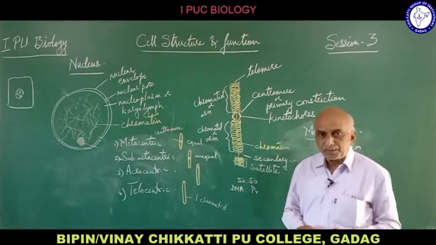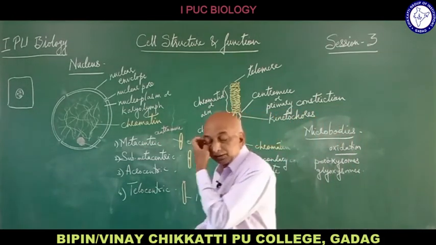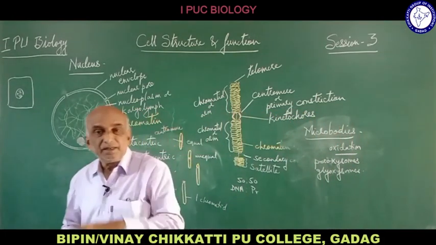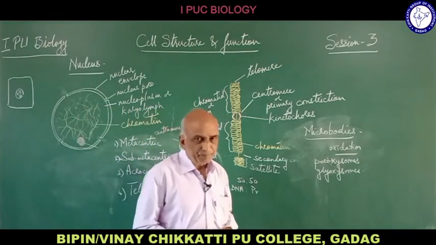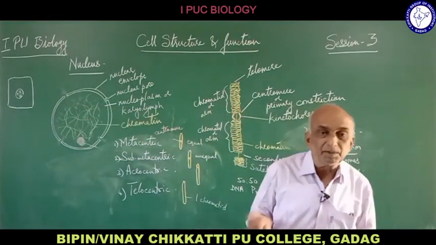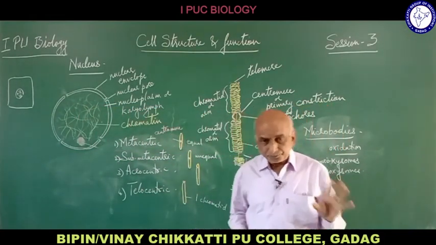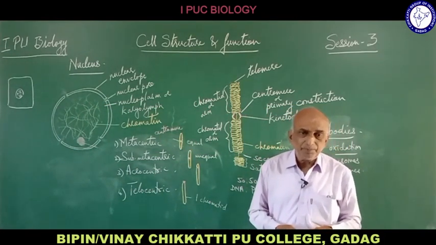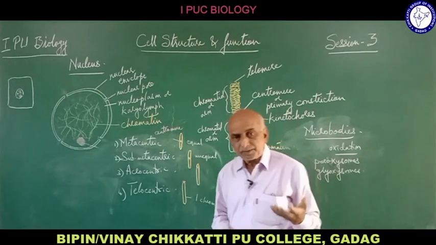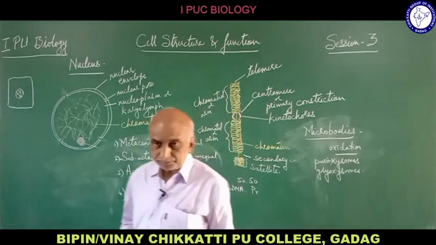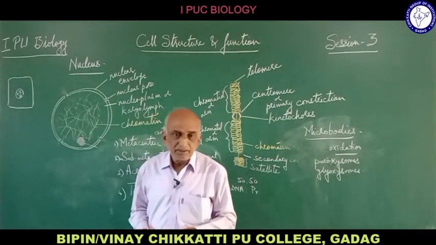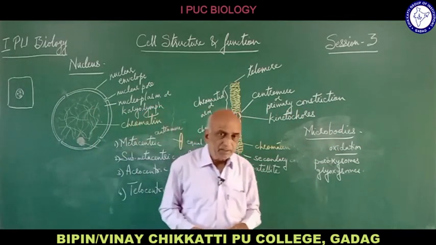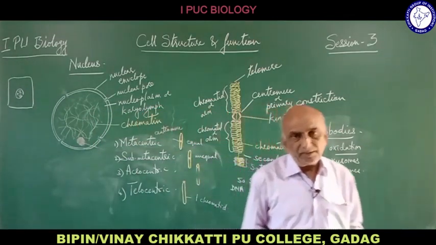So whether it is plant cell or animal cell, the plant cell and animal cell differ in some characters only. There is no cell wall in animal cell, but in plant cell we come across cell wall which is made up of cellulose, hemicellulose, lignin, pectin or suberin, etc. But in animal cell we don't find cell wall.